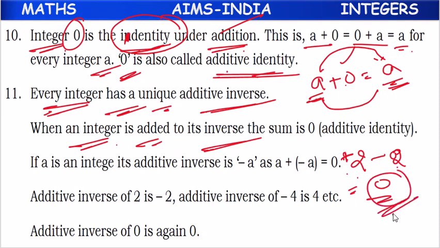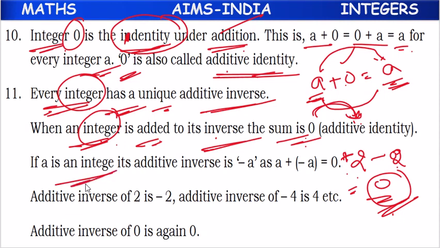The total sum will be 0. So whenever an integer is added to its inverse, the sum will be 0, which is the additive identity. Here 0 is the additive identity.